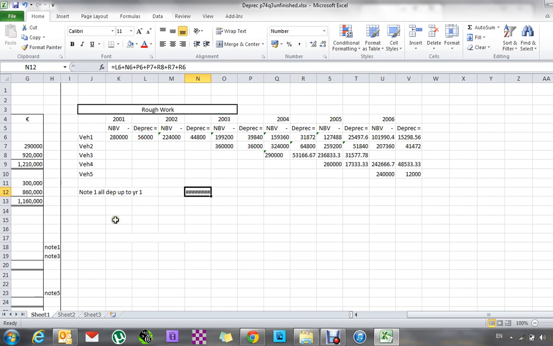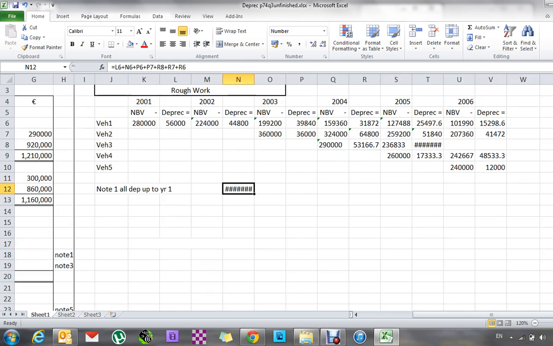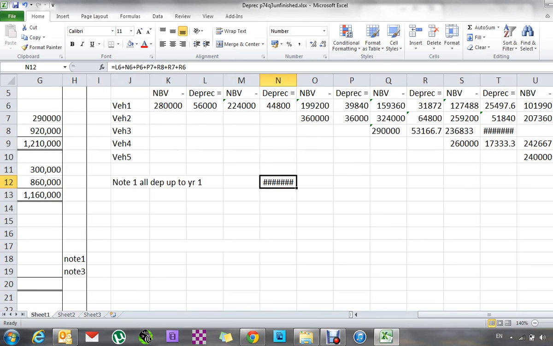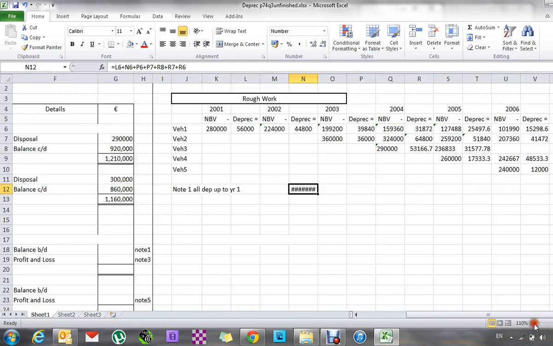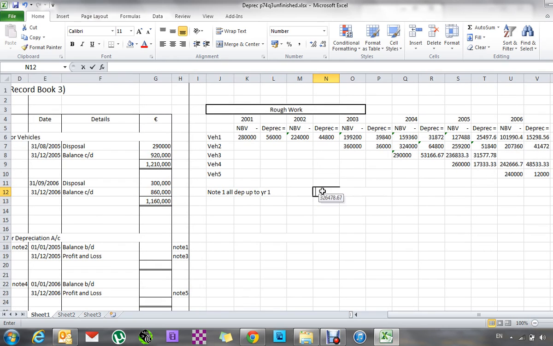Okay, it doesn't fit because the number I think is too big. I think it's the number of decimals we have there. So if I zoom out, it might be easier to see. No, it's not coming up. Okay, so that's all the depreciation for that year.